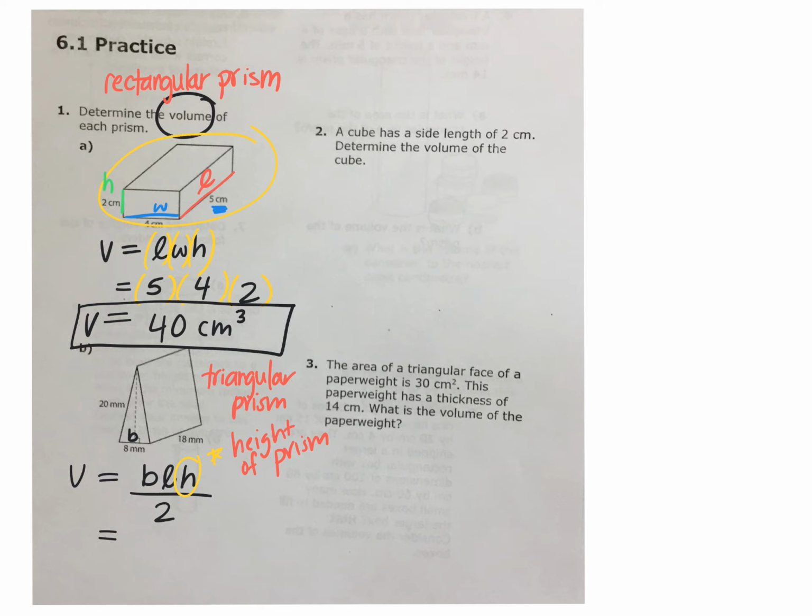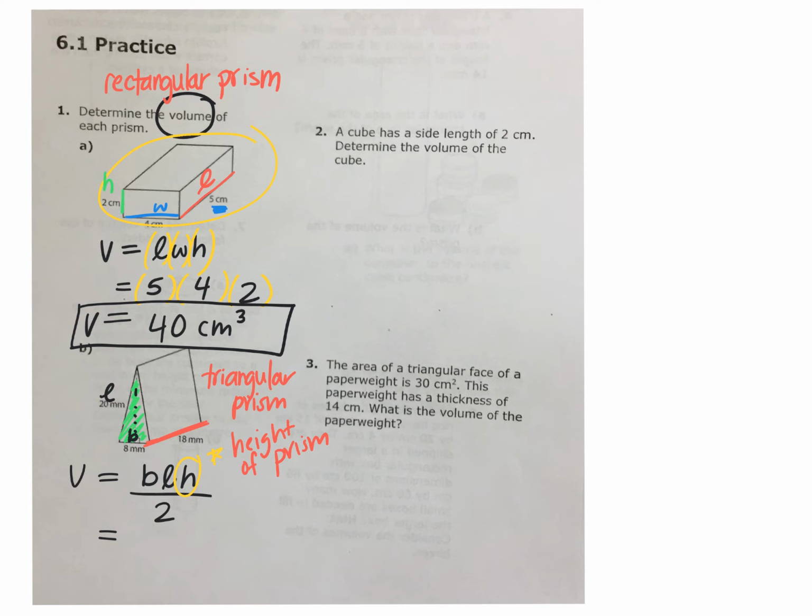Okay, so this is the base of the prism, right? On your formula sheet, it's kind of drawn upside down. I want you to write a note here. When you're looking at the length, it's the length of the base, how long the base is. This is very important. What is the height of the prism?